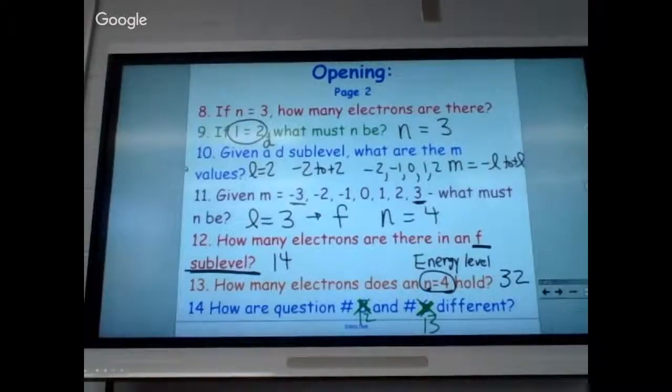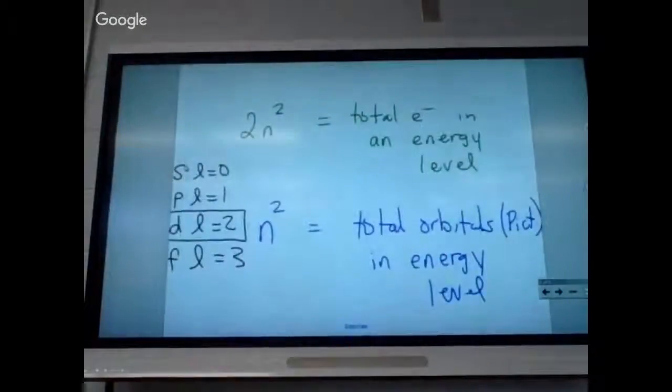Right. Questions? Are you going to do number 8? I already did that. That's why we wrote this down right here, because people yelled out 18. You can add up the sublevels. How many sublevels would N equals 3 have?